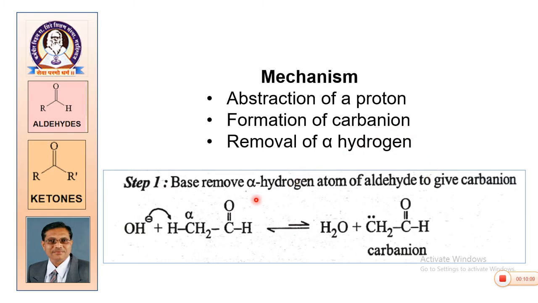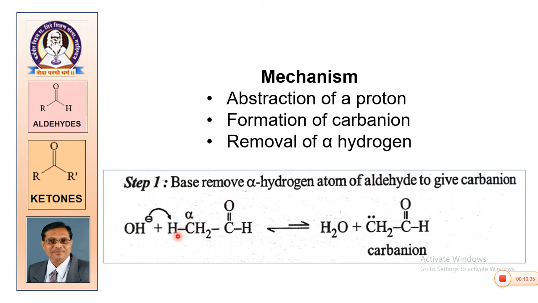So, let us see the first step. The base removes the alpha hydrogen atom of the aldehyde to give a carbanion. This is OH minus, which is the base, and then you have CH3CHO. In CH3CHO, this is the alpha carbon with respect to the CHO group.